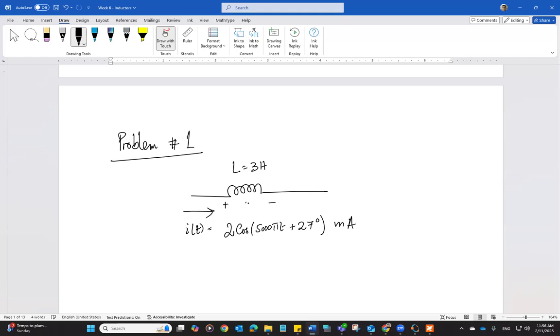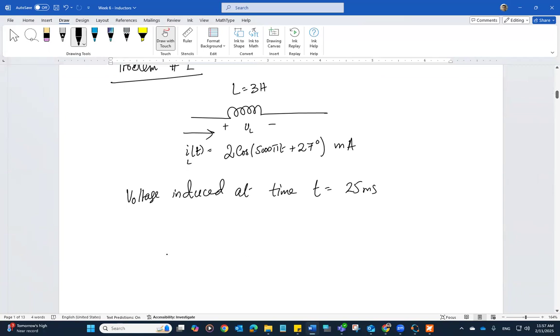What would be the voltage induced in the inductor at time t equal to 25 millisecond?